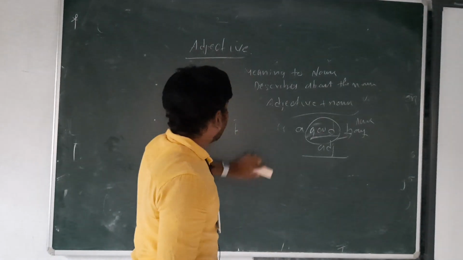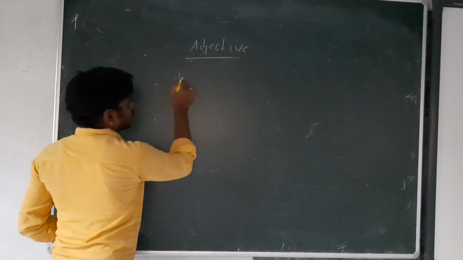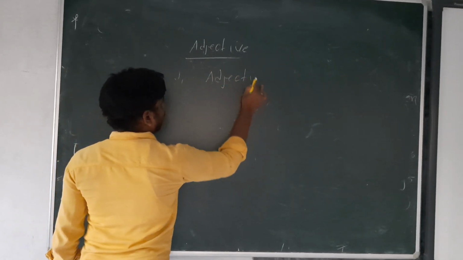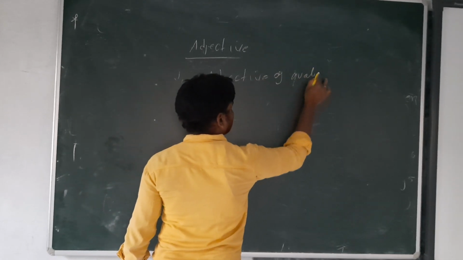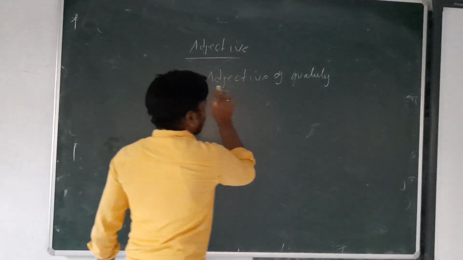Now let us see types of adjective. First one is adjective of quality. What kind of?